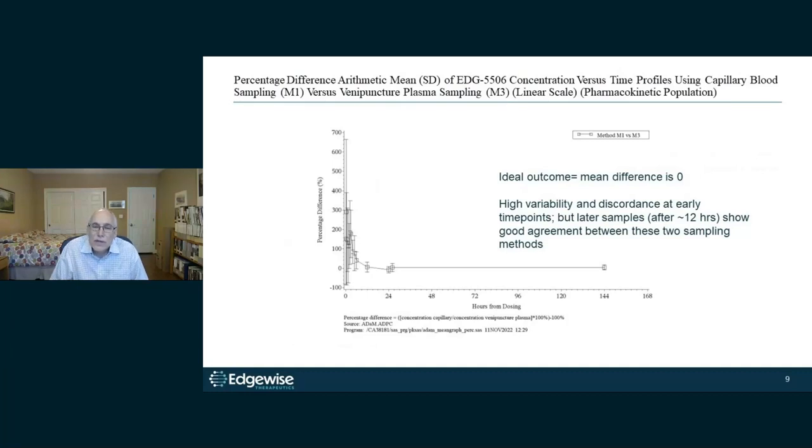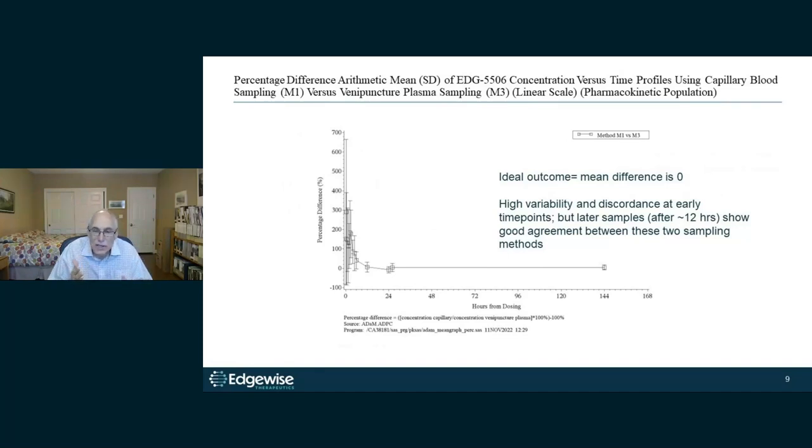So here you can see, again, it's a slightly different way of looking at it. It's the percentage difference on the y-axis and time on the x-axis, and this is for whole blood or plasma versus Tasso device. And what we observed very clearly here is the high variability really occurred in the first time period.